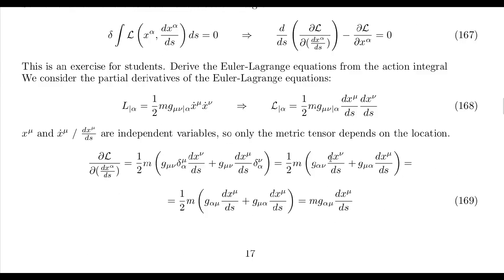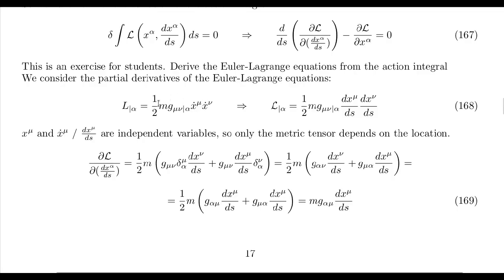Now we need the derivatives, and we consider first the derivation with respect to the coordinates. The velocities are independent coordinates. They do not depend on the coordinates.